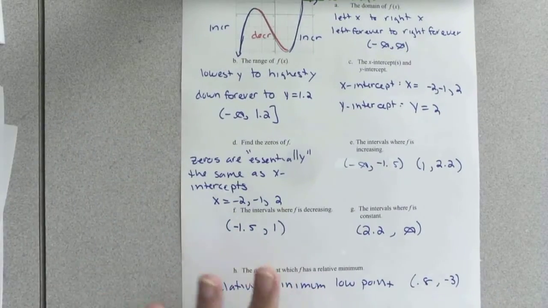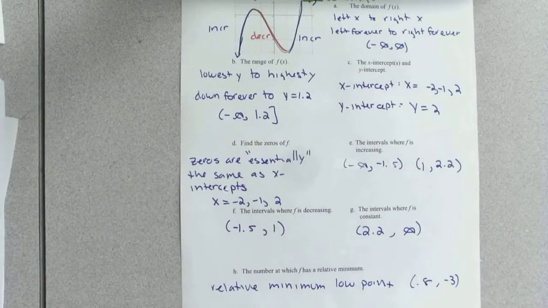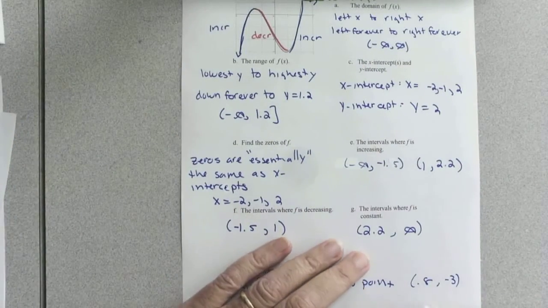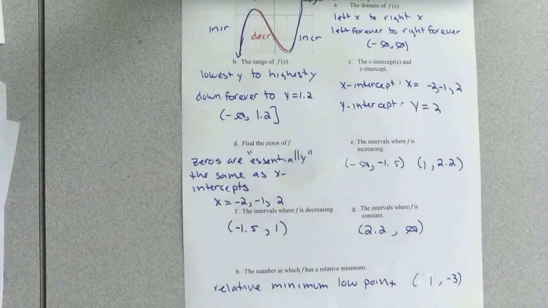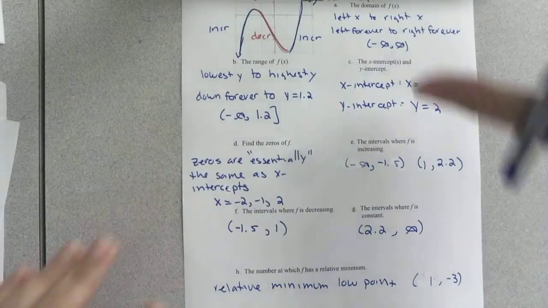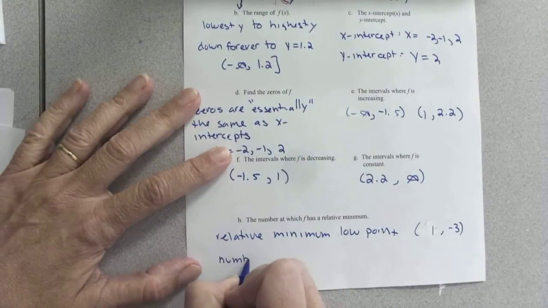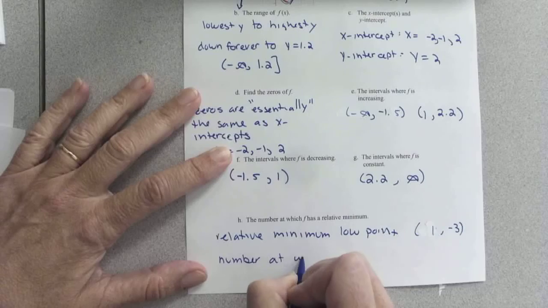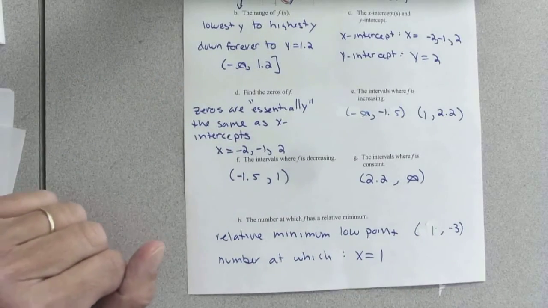Estimate, estimate, estimate. It doesn't look like it's clear. Maybe it's at 1. And again, these are just estimates. I think maybe it's at 1, but someone else said 0.8. Who cares? So we'll say 1, negative 3. Then the number at which is my x-coordinate, x equal 1.